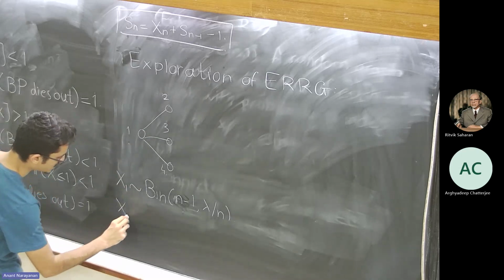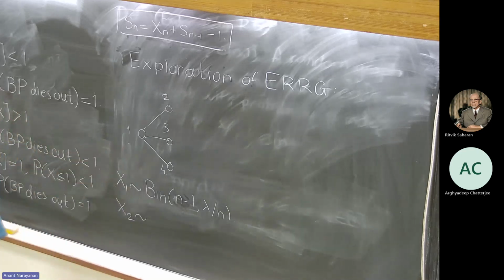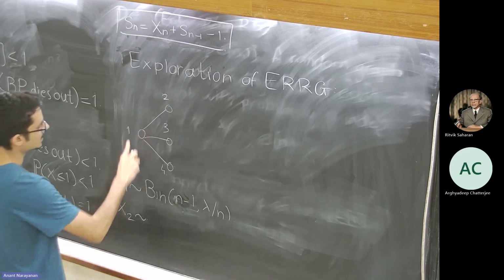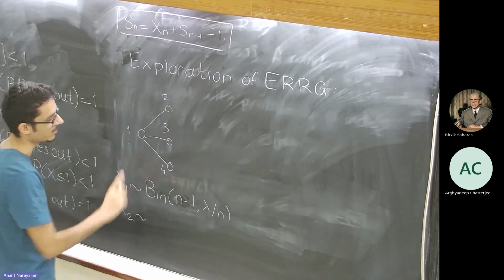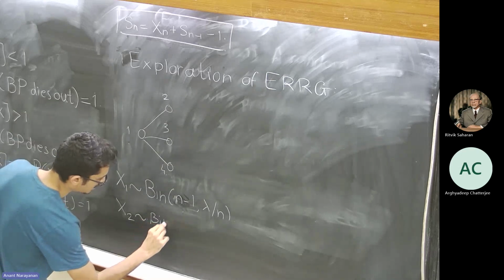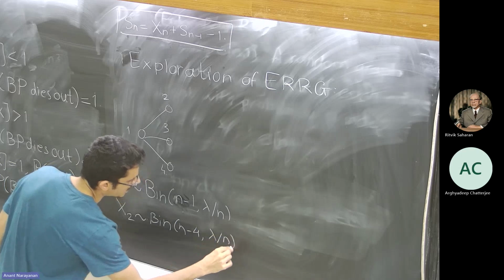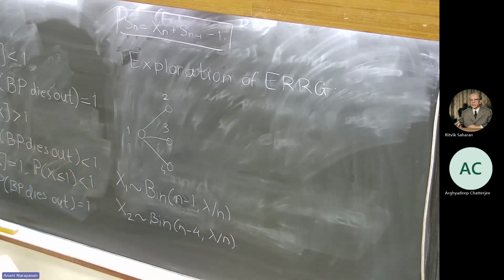Now, if you notice for X_2, the number of children is reduced. It cannot have n minus 1 many again, because you have already explored 3 vertices, which you cannot explore again in this process. So you get binomial(n minus 4, lambda by n). And this will keep on happening.